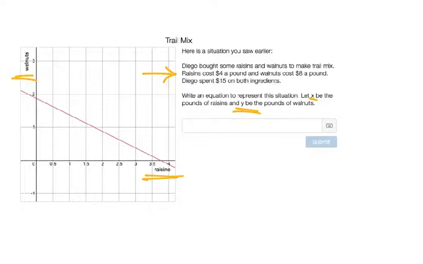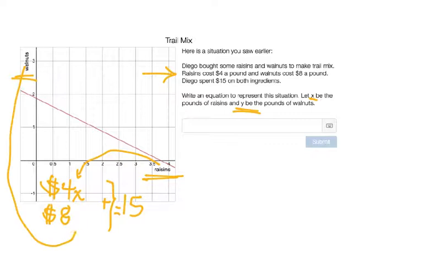Raisins are $4 a pound, and walnuts are $8 a pound. And what did he spend? He spent a total, so when I add these two together, I've got to get to 15. So if raisins are X, and walnuts are Y, I can write the equation.